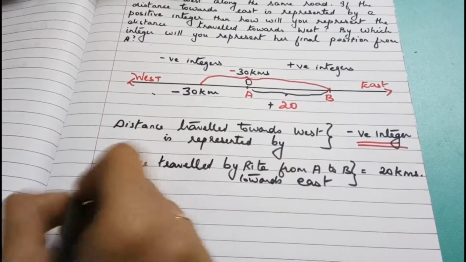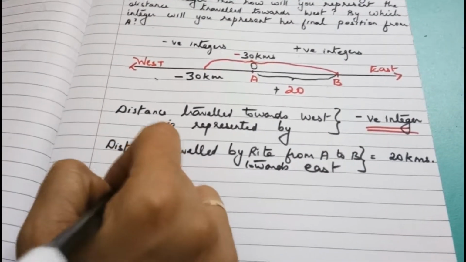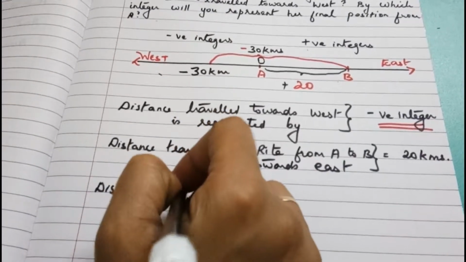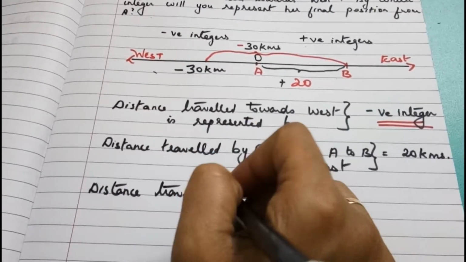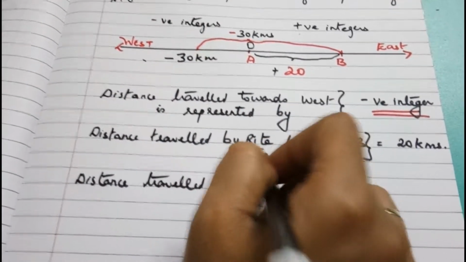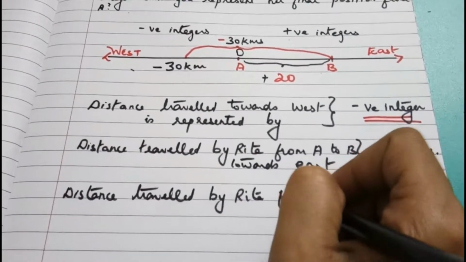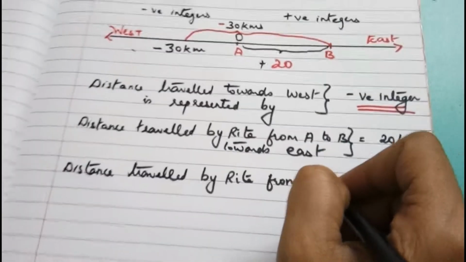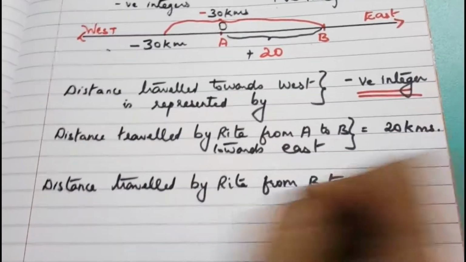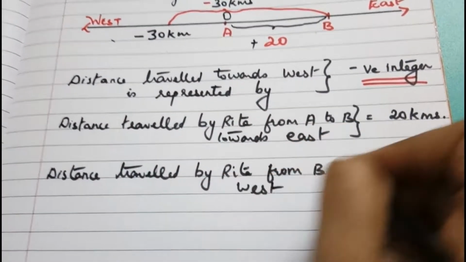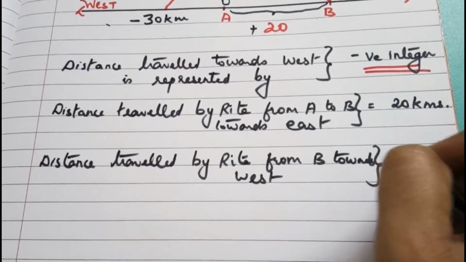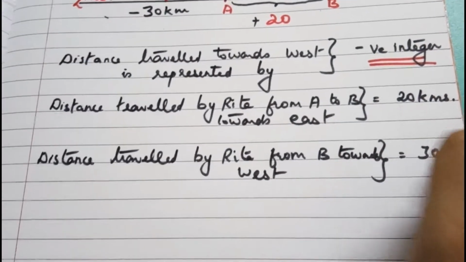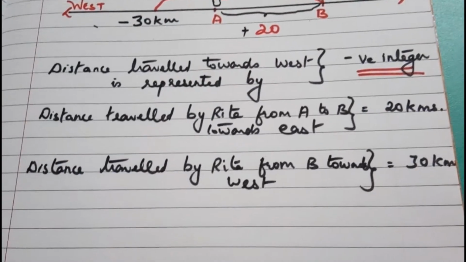Then distance traveled by Rita from B towards west is equals to 30 kilometers.